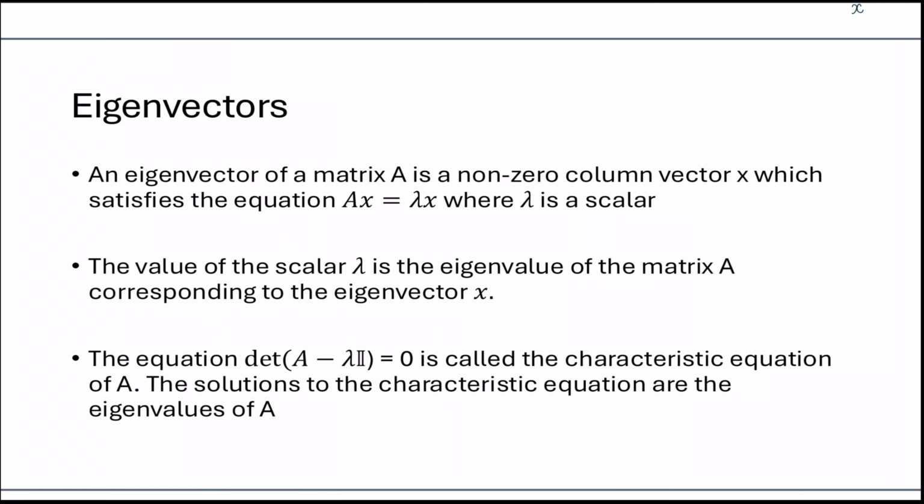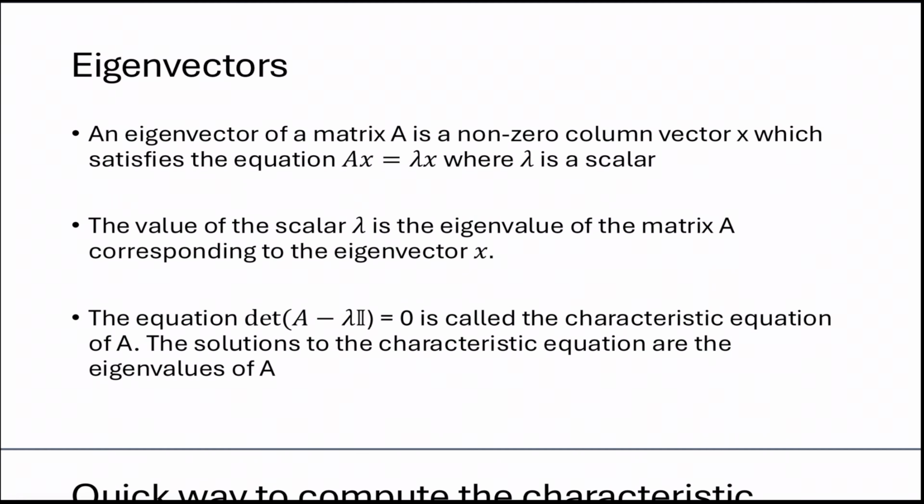Then the value of this scalar lambda is the eigenvalue of that matrix A corresponding to the eigenvector x. This equation, which is the determinant of A minus lambda I, which is equal to 0, is called the characteristic equation of A. The solutions to this characteristic equation are the eigenvalues of A.